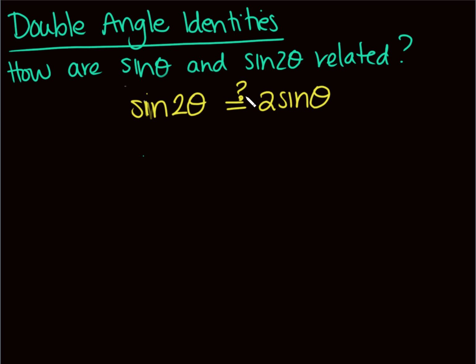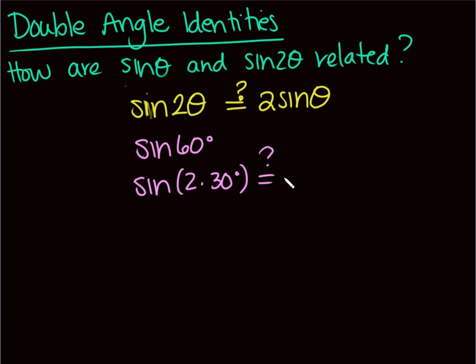One way you can see that this is not true, that's a bummer, huh? Is that look at if I take the sine of 60 degrees. Well, what is 60 degrees? 60 degrees is the same as 2 times 30 degrees. So is it going to be true that I just take 2 times the sine of 30? Would that make any sense?